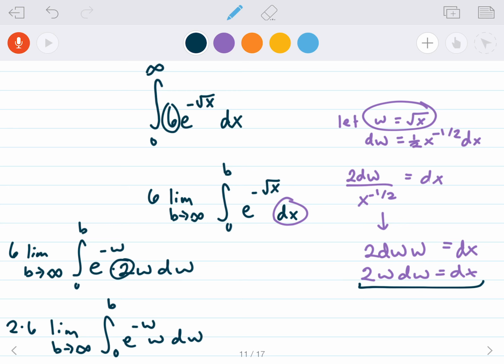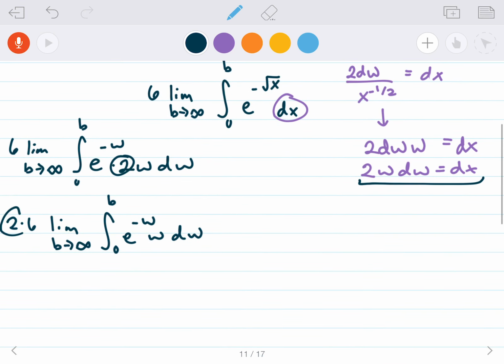So here's where I'm at so far. This is just going to be a 12 on the outside, limit as b goes to infinity of the integral from 0 to b of e to the negative w times w dw.